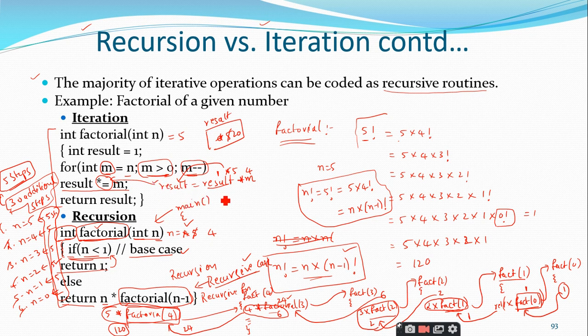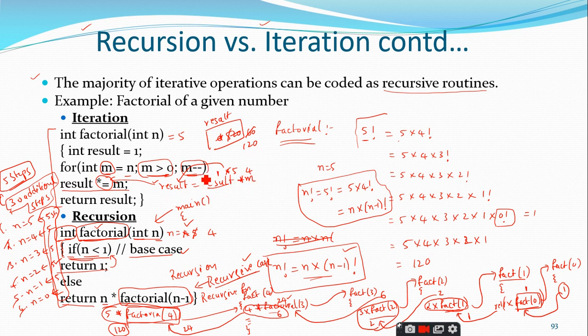Now result is equal to result star m is executed, so 20 star 3, 60 is stored here. Now again m is decremented, m becomes 2. 2 greater than 0, condition true. Therefore result is equal to 60 star 2, it becomes 120. Now m is decremented, m becomes 1. 1 greater than 0, condition true. Therefore result is equal to 120 star 1, which is 120.